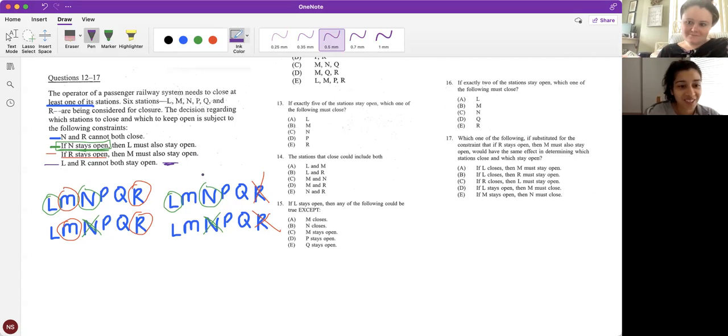Not in conditional language, right? No, how would you do it in conditional? Okay, so they cannot both stay open. So if L is open, then R has a slash through it. Or if R is open, then L has a slash through it.